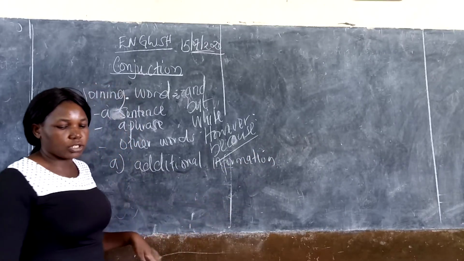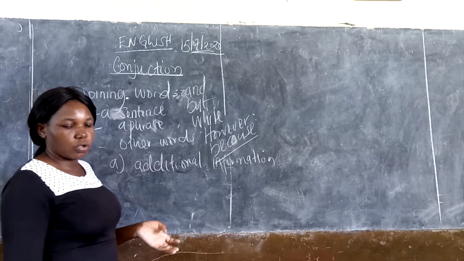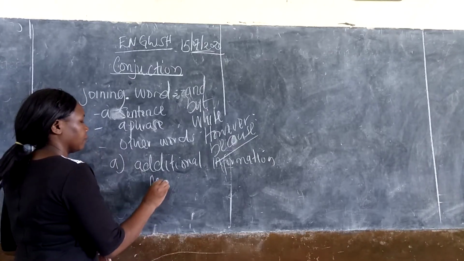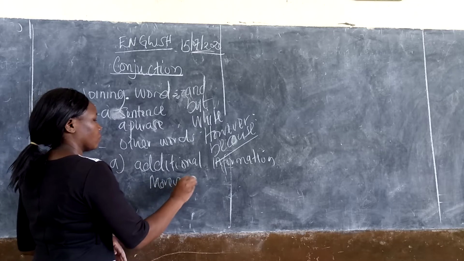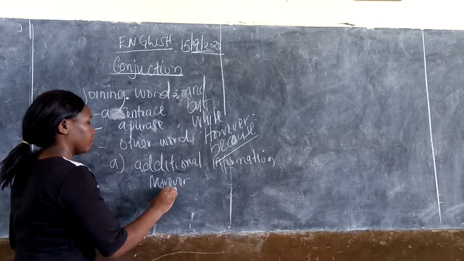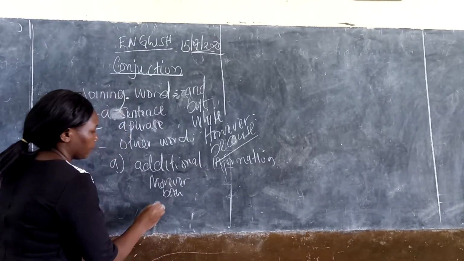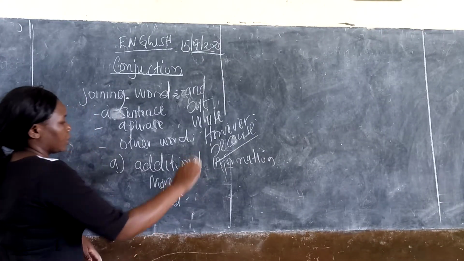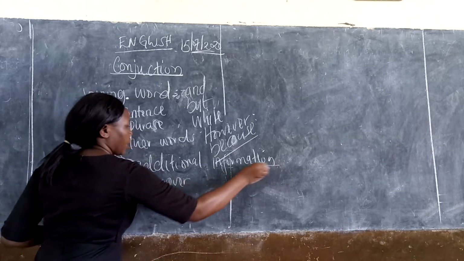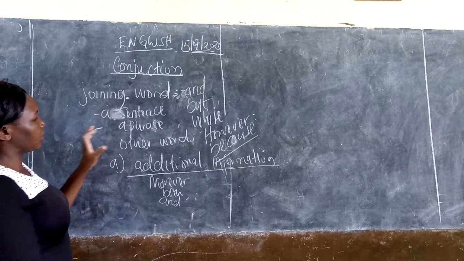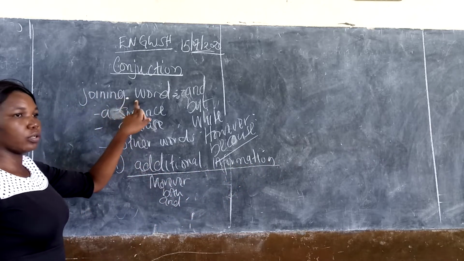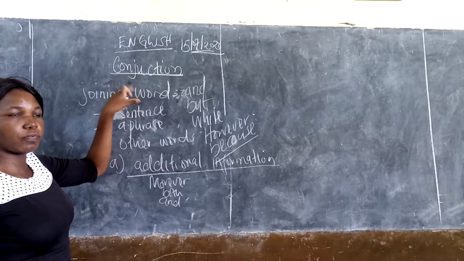Examples of this are moreover, both, and also and. These are types of conjunction, types of joining words.